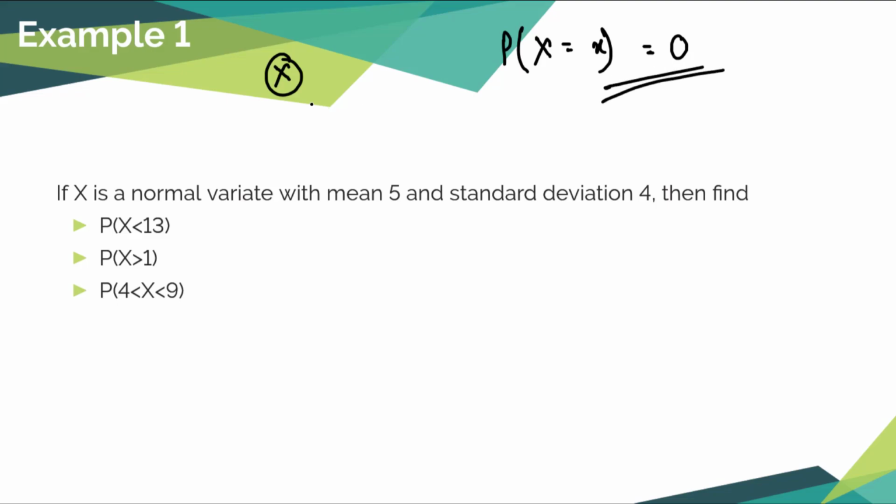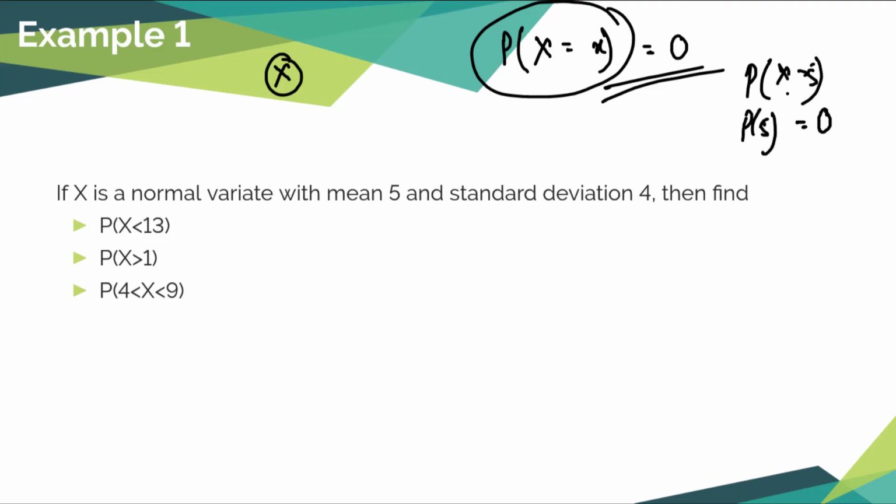For a normally distributed random variable, if someone asks you to find out the probability of, let's say, x equal to 5, it will always be 0. Probability at a fixed value is always 0. We always calculate probability within a range, right?